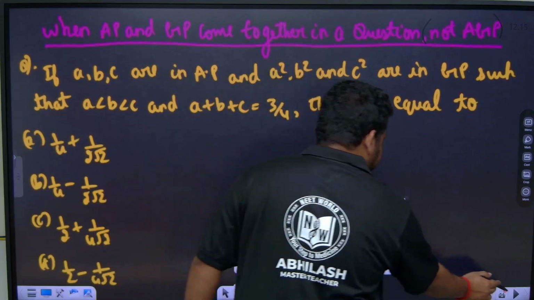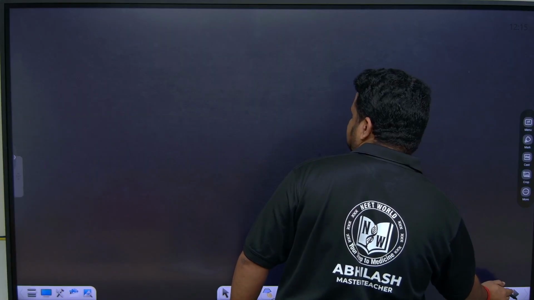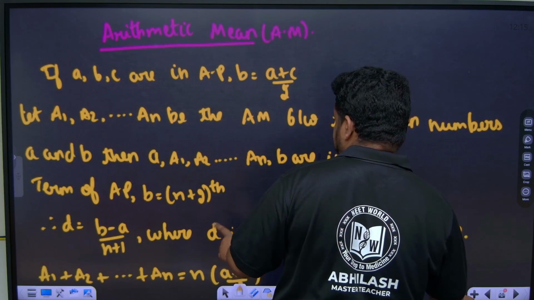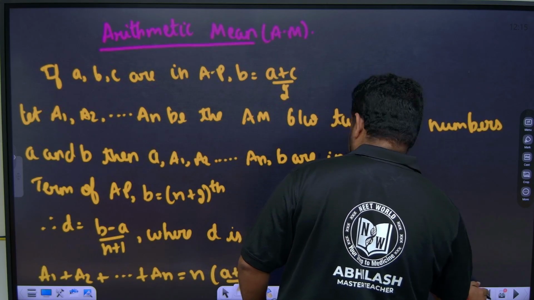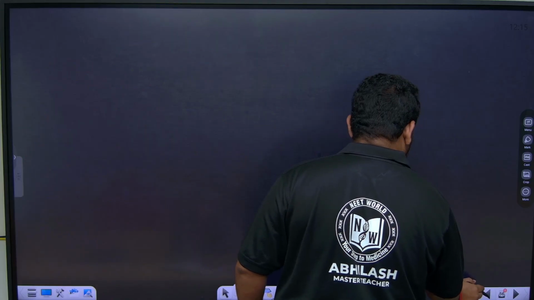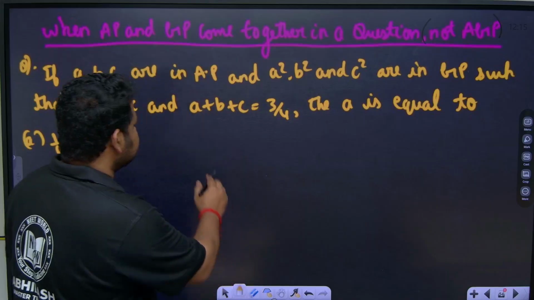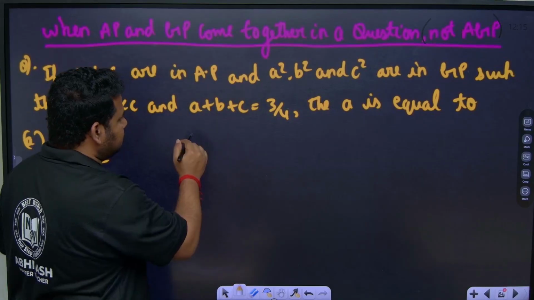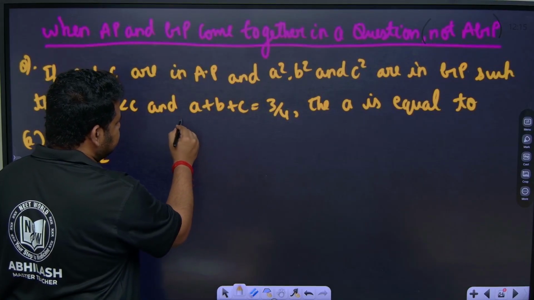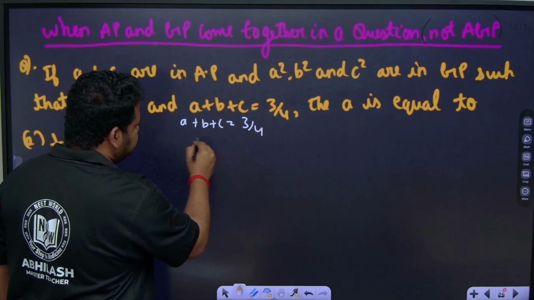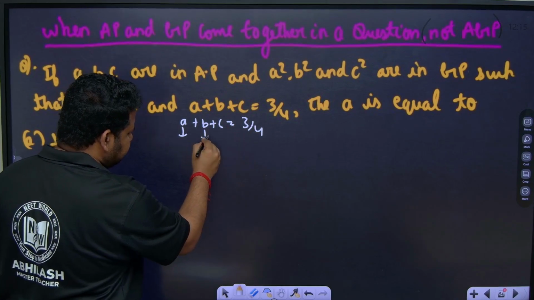Here only we can do. So A plus B plus C is equal to 3 by 4, they have given. Let me take B as B itself.